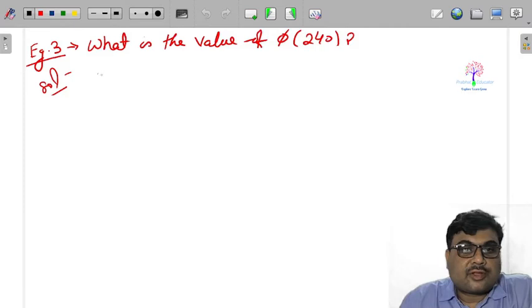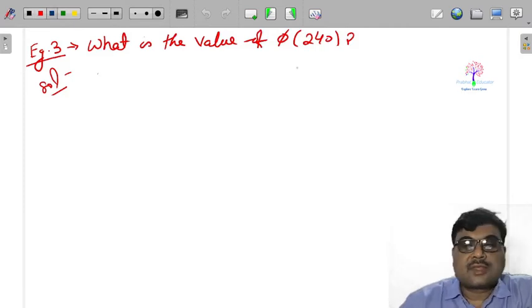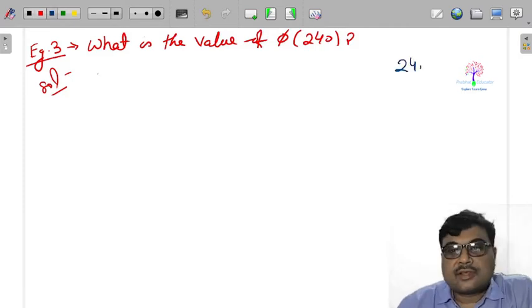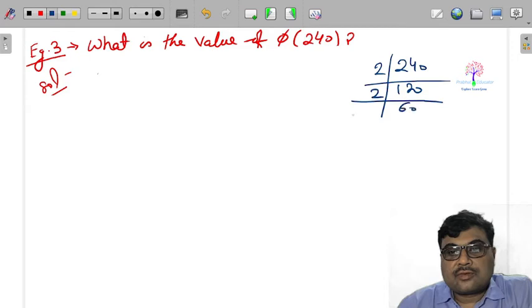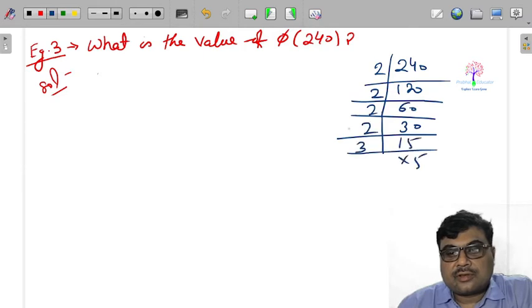So how to factorize 240? Very simple. If you factorize 240, it is 2 times 120, 2 times 60, 2 times 30, 2 times 15, and 3 into 5.